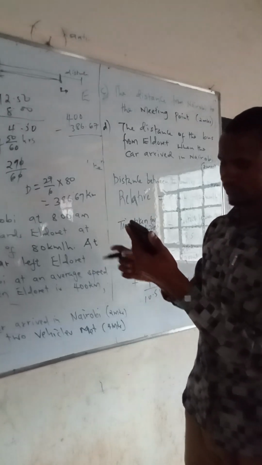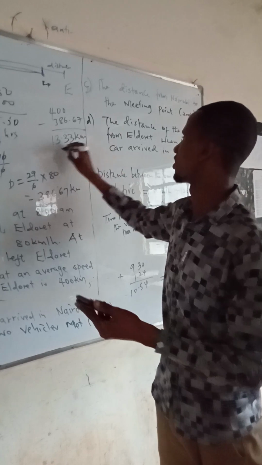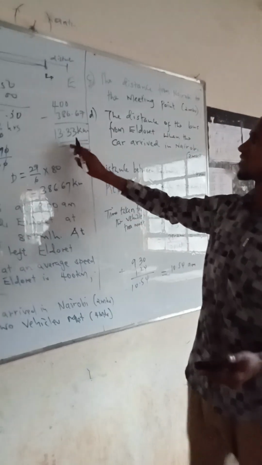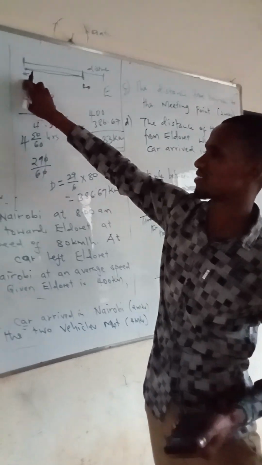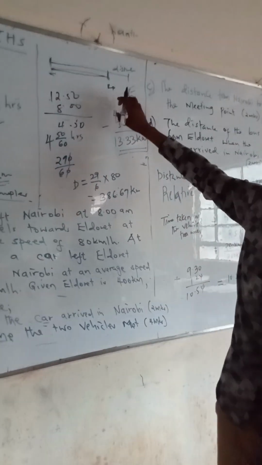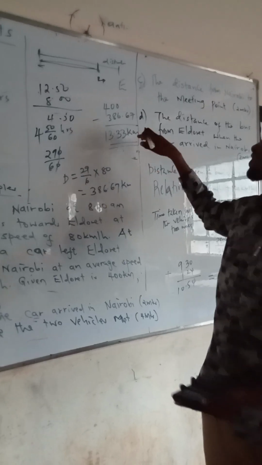That will give us 13.33 kilometers. So that is what is remaining. By the time the car arrives in Nairobi, the distance between the bus and Eldoret will be 13.33 kilometers.